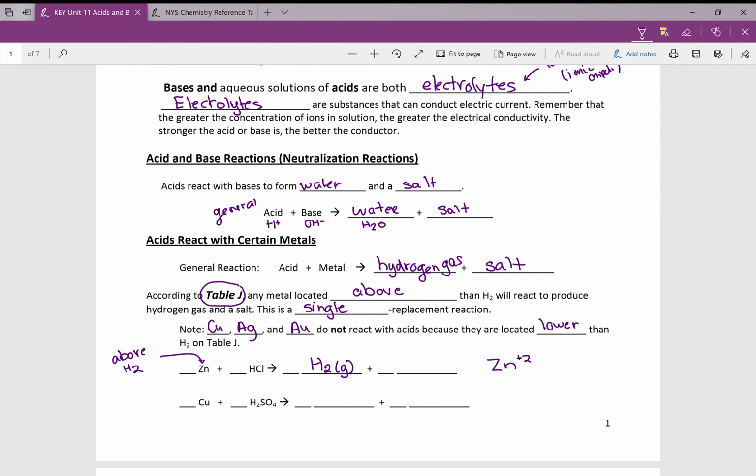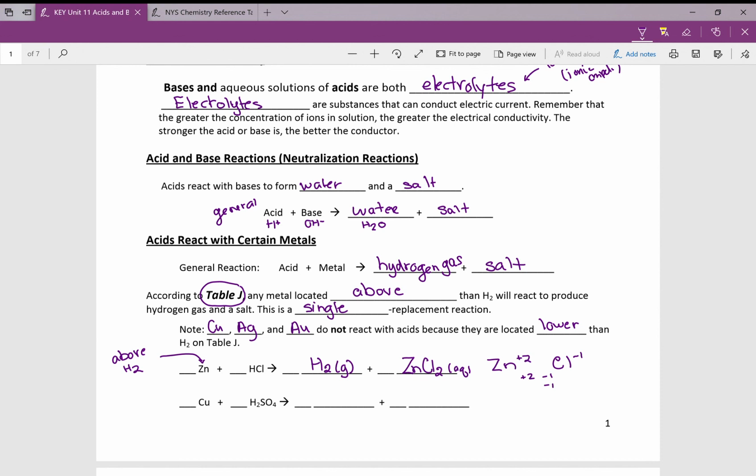The chloride ion is -1. So I'm going to need one +2 and two -1s in order to create a neutral compound. So I'm going to have ZnCl2. And if you were writing phases, you would have it as aqueous.